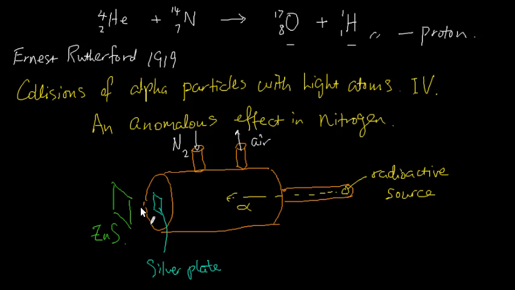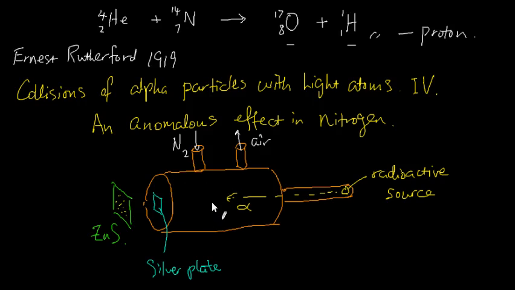So what he found was that he starts seeing little specks of light appearing here. Lots of little specks of light. And that's the purpose of the zinc sulfide. When a particle falls on the zinc sulfide screen, it produces a tiny spot of light. So lots of little lights appearing here, like a television screen. Okay, so that's what happens.